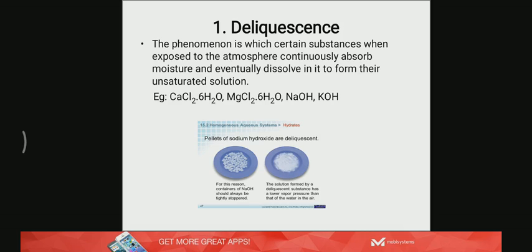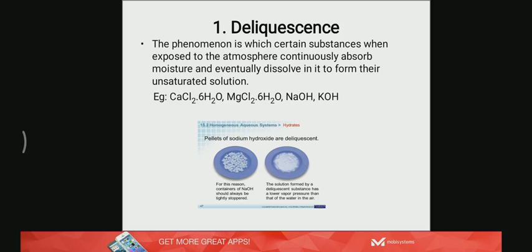Or in the lab you have a very good experience that when you keep sodium hydroxide pellets open in air, after some time you will see it turn into a paste-like mass and finally it dissolves, because NaOH is deliquescent. Soap is also mostly sodium or potassium salts. It also has the same property.